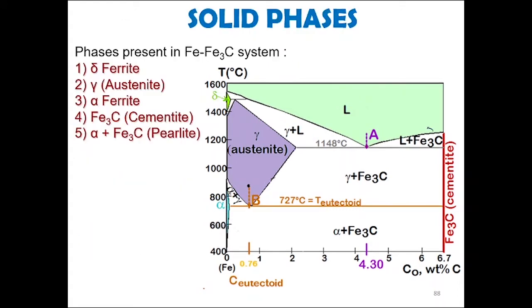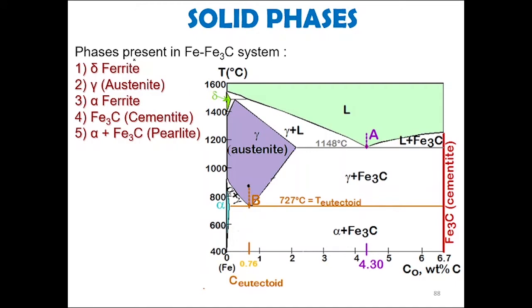Then we have the liquid plus cementite phase region, gamma plus cementite phase region, and alpha plus cementite phase region, which we also know as pearlite. All the phase regions that I have told you include the liquid phase.